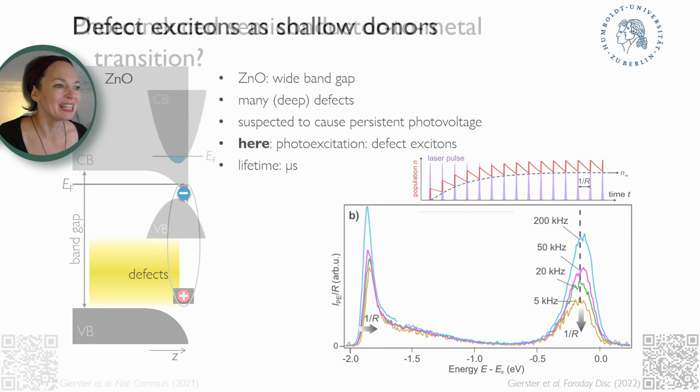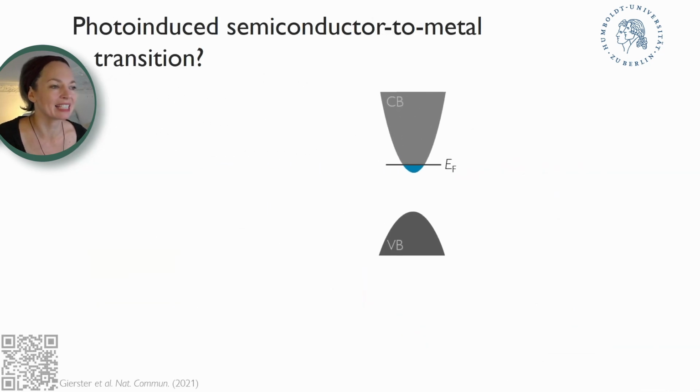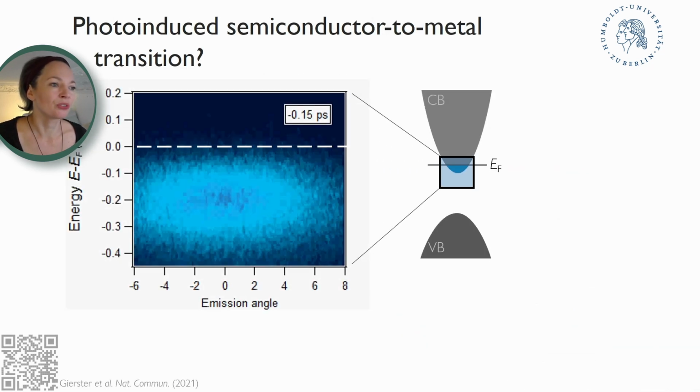So let's see whether we can use these defect excitons to create a semiconductor to metal transition in zinc oxide. Here you see photoelectron intensity in false colors as a function of energy, where 0 is the Fermi energy, and as a function of emission angle.